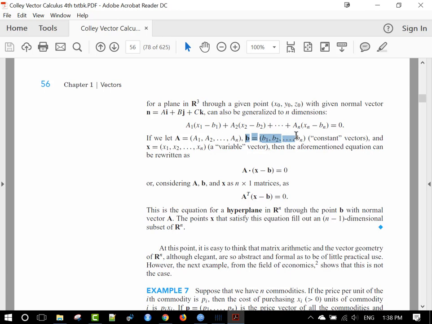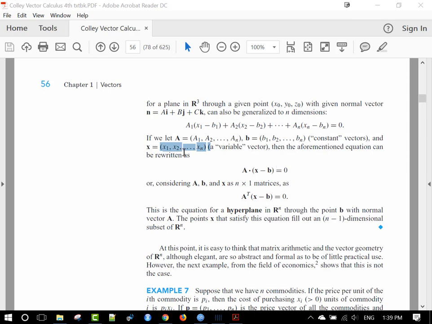This is like the P0, and this is the P. Then we can write this equation up here like this.